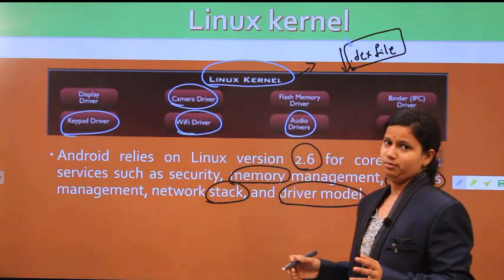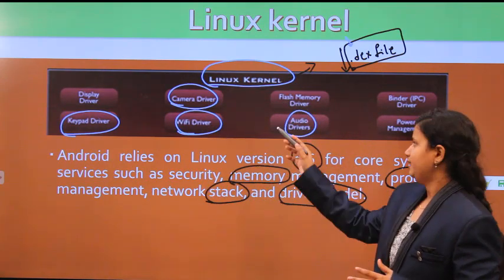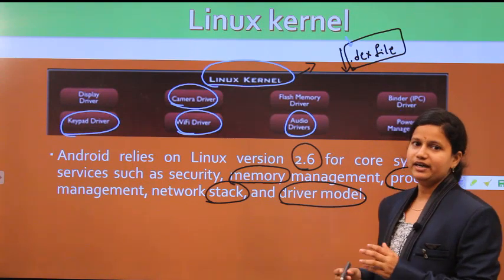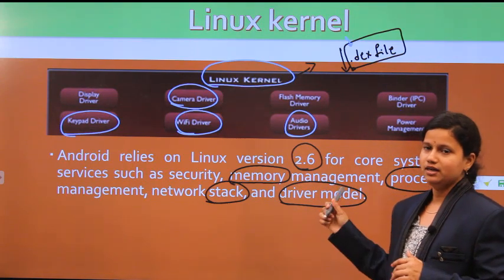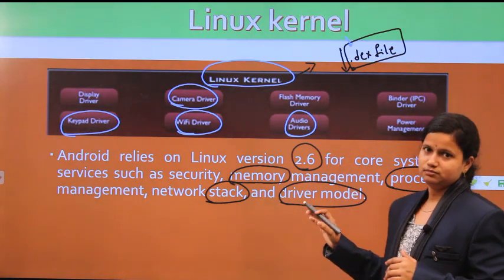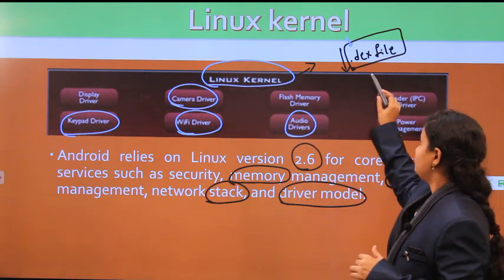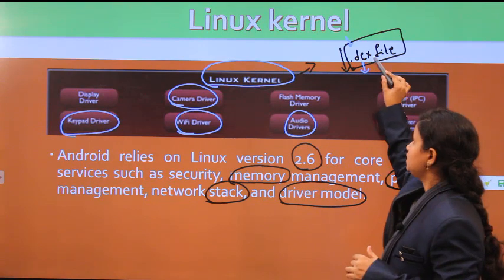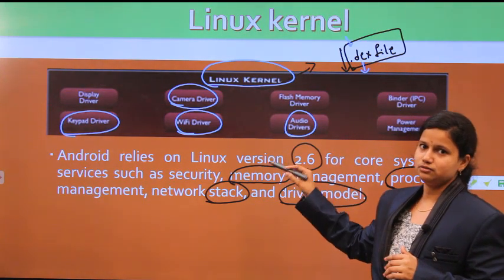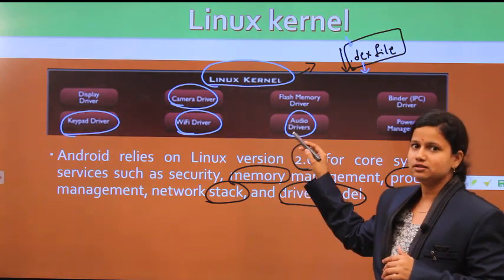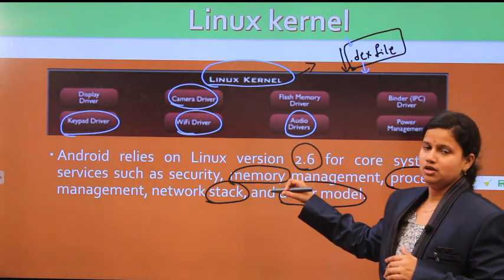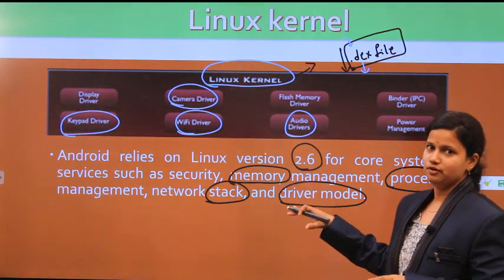In this way, based on your application, different driver classes are imported into this Linux kernel. After conversion to the .dex file, the different supported driver classes are added in this layer so that the application will be fulfilled.